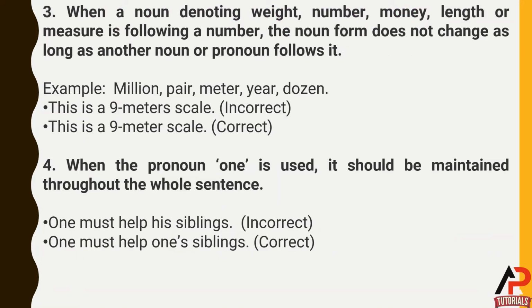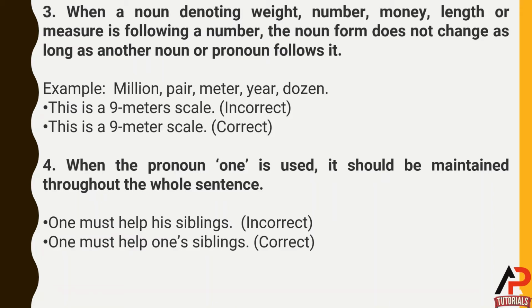Now the third rule is, when a noun denoting weight, number, money, length or measure is following a number, the noun form does not change as long as another noun or pronoun follows it.